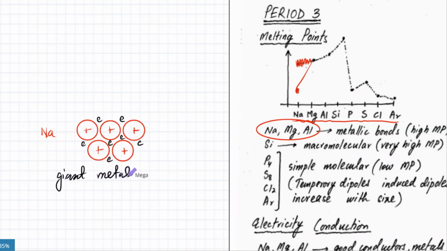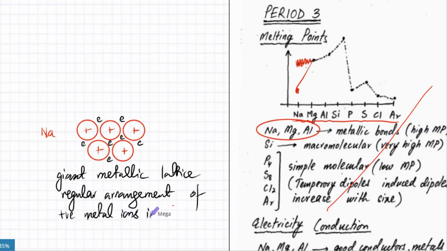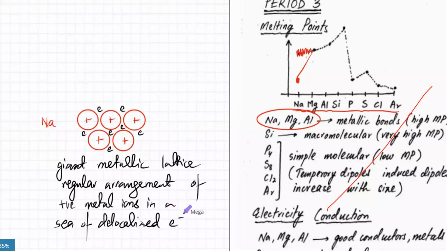So it's a giant metallic lattice, and it's a regular arrangement of positive metal ions in a sea of delocalized electrons. So that is sodium.